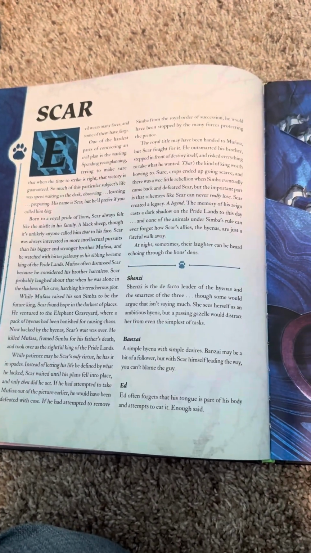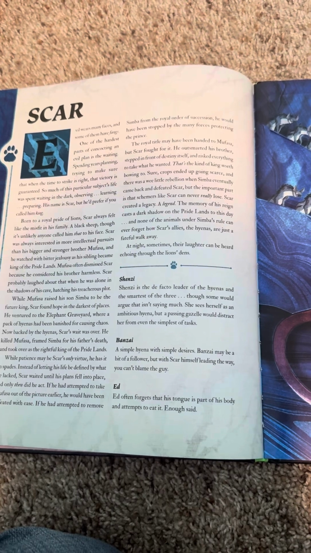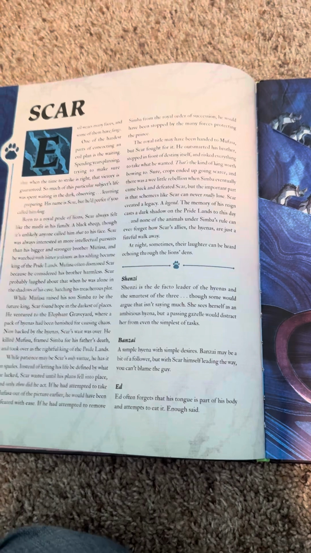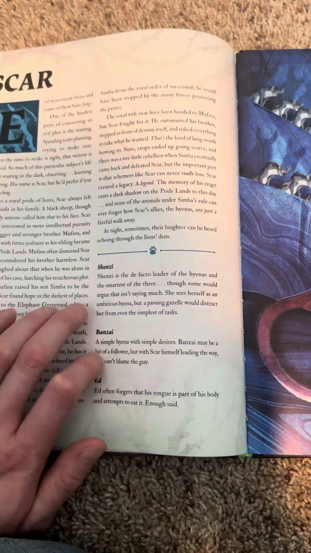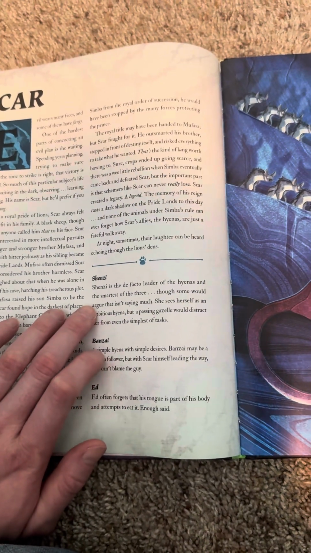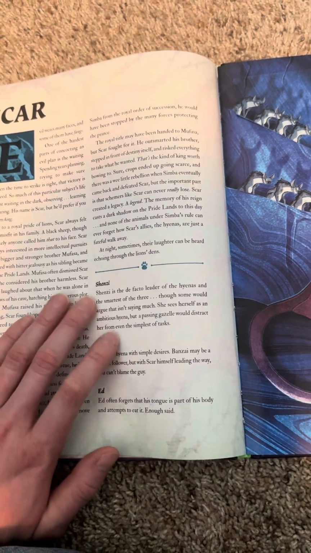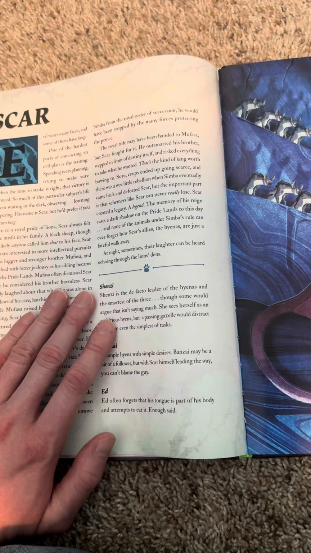Here is Scar. Don't you derogate or deride. And here is Shenzi, Banzai, and Ed. It tells you all about them. Only Shenzi and Banzai are the smartest of the three henchmen, but Scar sees them as dumb anyway.